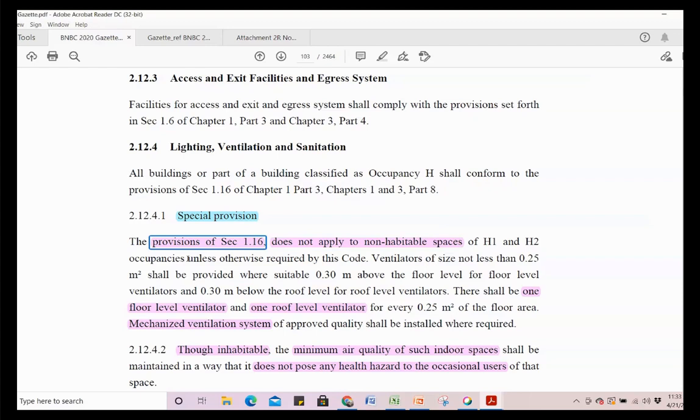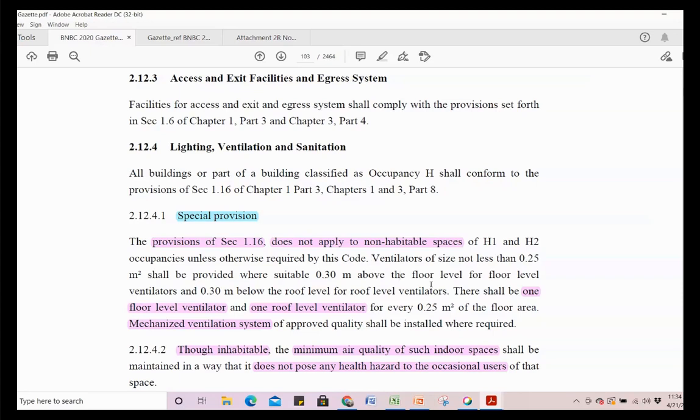Unless otherwise mentioned or required by the code, if it is required, it has to comply with 1.1.6, but if not, for non-habitable spaces, the provisions of section 1.1.6 will not apply.